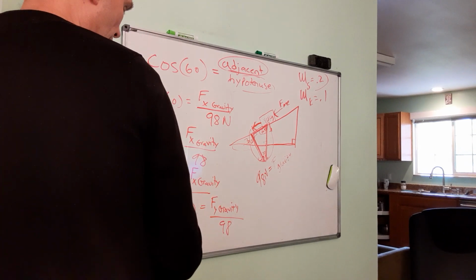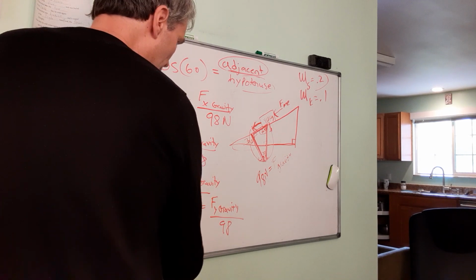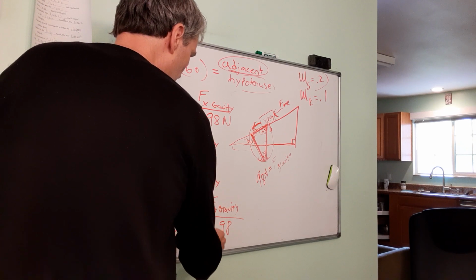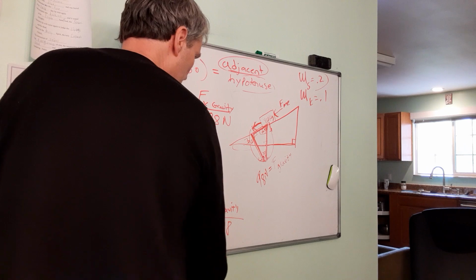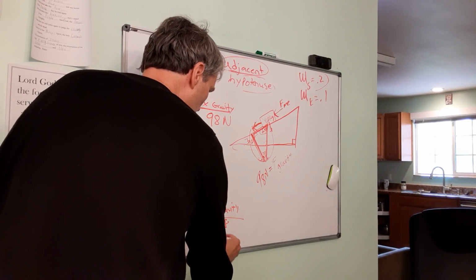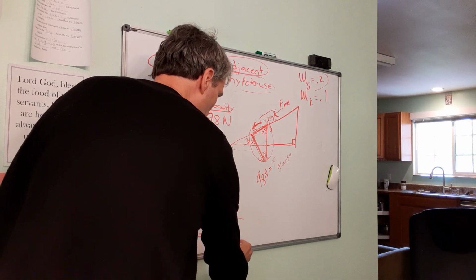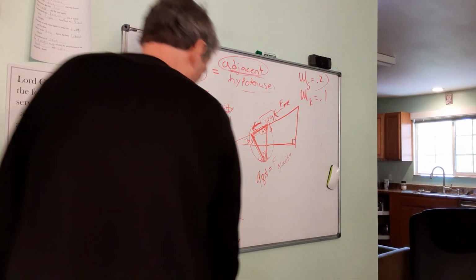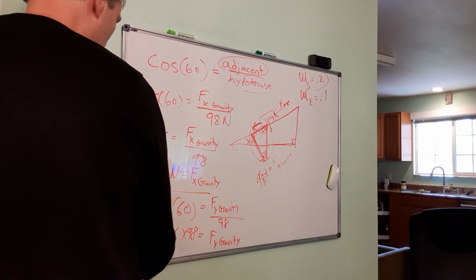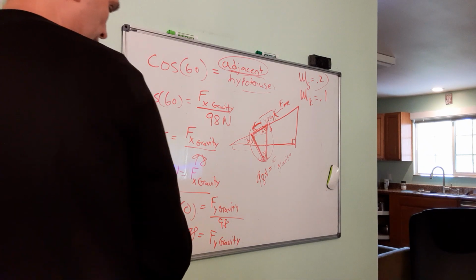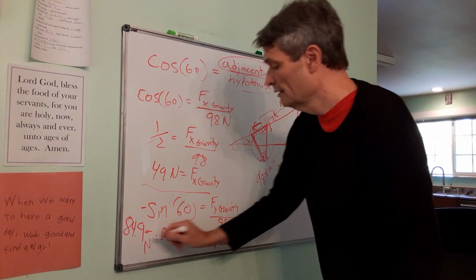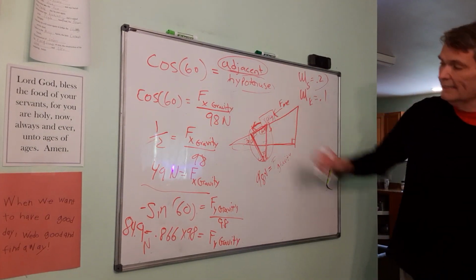So once again you multiply both sides by 98, and 0.866 times 98 is 84.87. If you round up, it's 84.9. Around 84.9 newtons. So that's the force of gravity into the ramp.